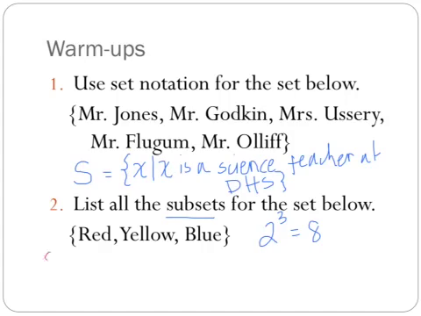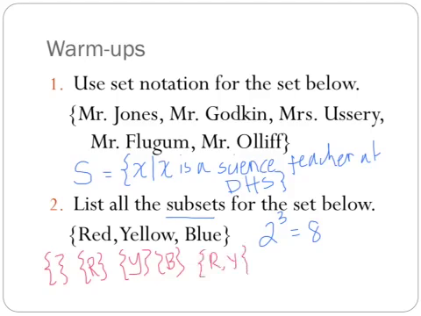The first subset is going to be the empty set. Then we'll list each color, and I'll abbreviate individually. And then we have to do the pairings. Keep in mind, red, yellow and yellow, red are the same subsets.